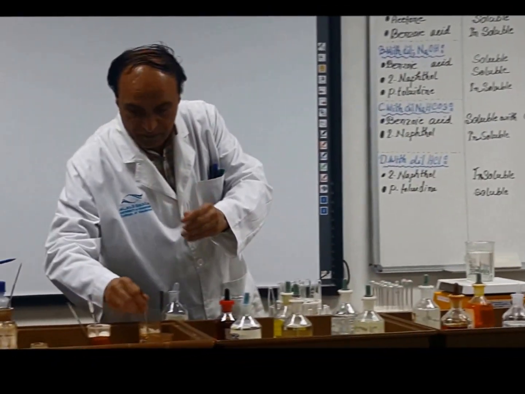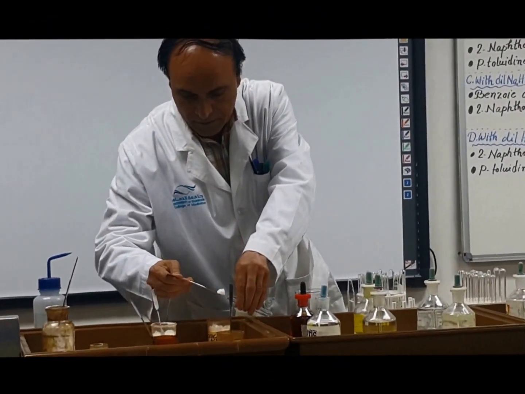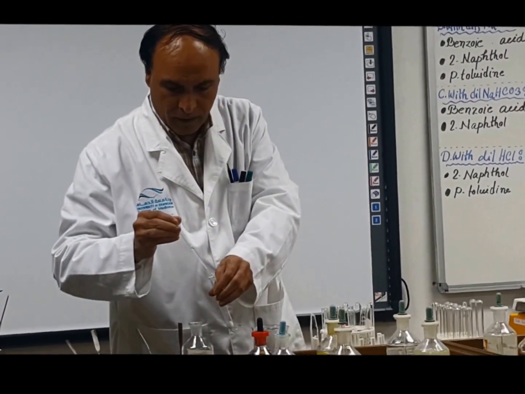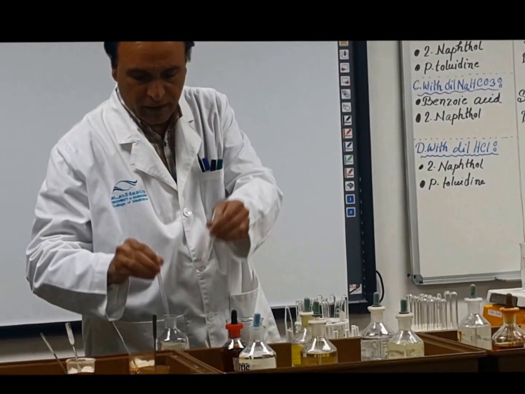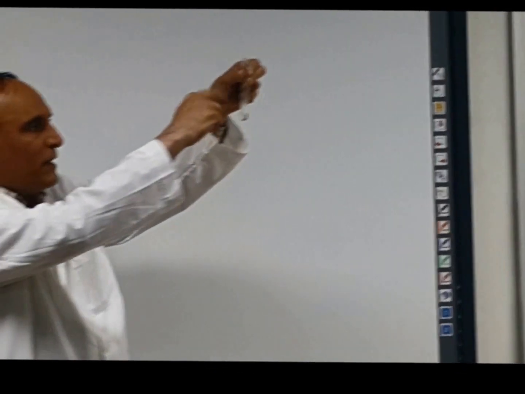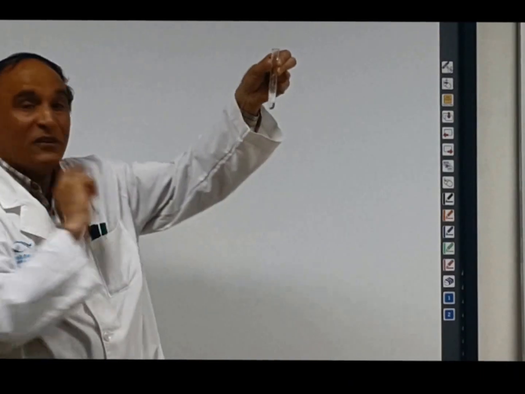We take benzoic acid and then we add into it sodium hydrogen carbonate, and a lot of bubbles are produced, carbon dioxide, effervescence. Effervescence means carbon dioxide produced. With a lot of carbon dioxide bubbles produced, it means that it's a carboxylic acid.